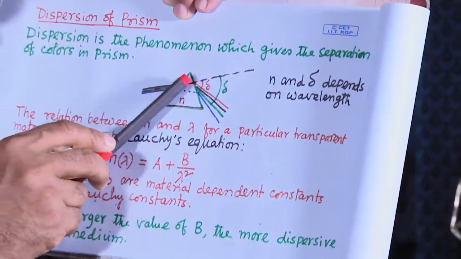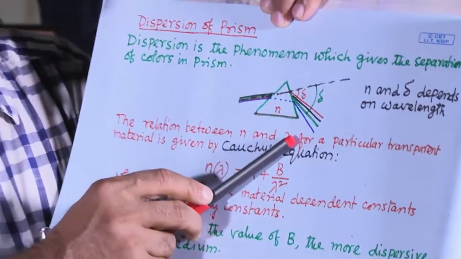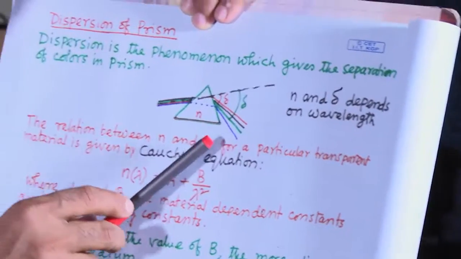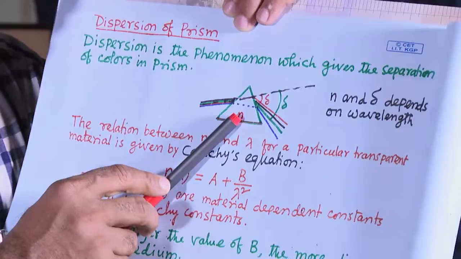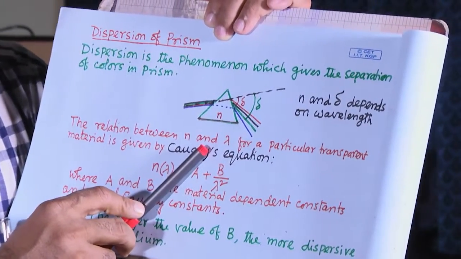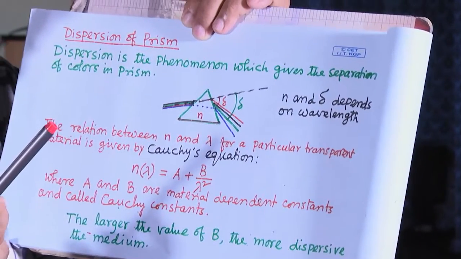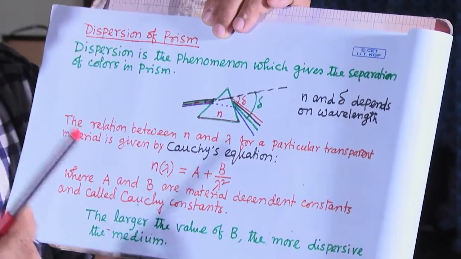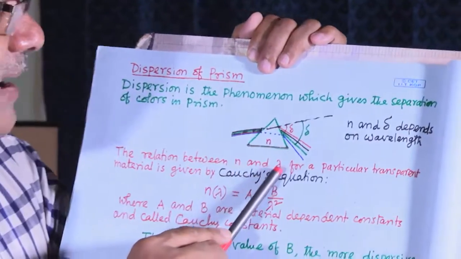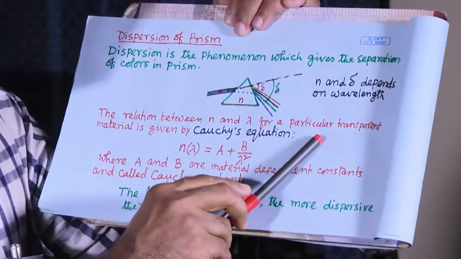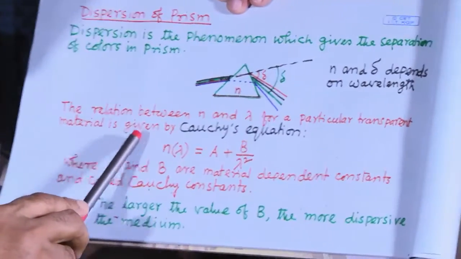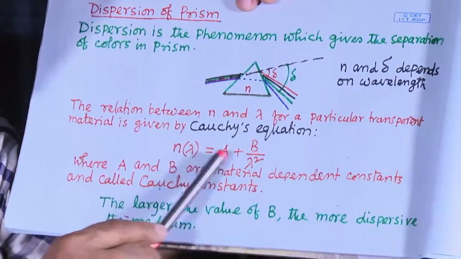And how much this spacing will be between different colors, that is the power of the prism. So that we express in terms of the dispersive power of the prism. The relation between n and lambda for a particular transparent material is given by Cauchy's equation, as I mentioned.